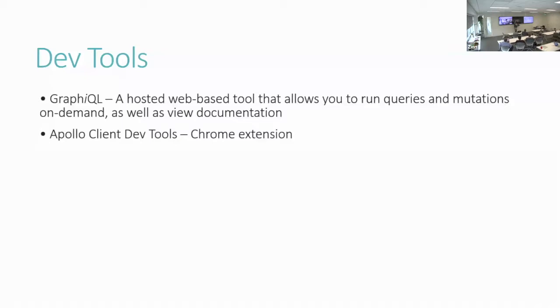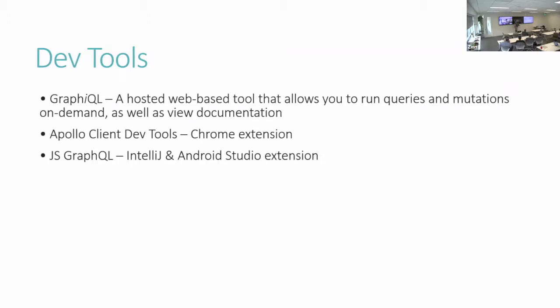It's really handy. I'm not going to show that off here, but it's basically the same thing as GraphQL, just inside your Chrome DevTools. So you don't have to have a separate hosted version of GraphQL on your production server. Pretty cool.